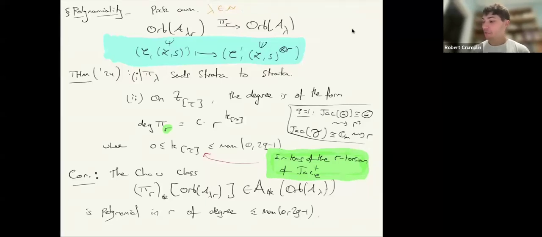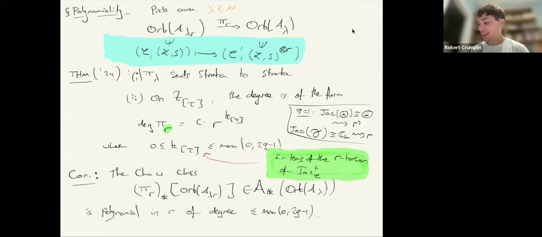So kind of the idea is, what this theorem says is that if I sum up all of these degrees over different strata, due to the different topologies of the curves and how degenerate they are, we get a polynomial in the routing parameter of degree between 0 and 2g minus 1.